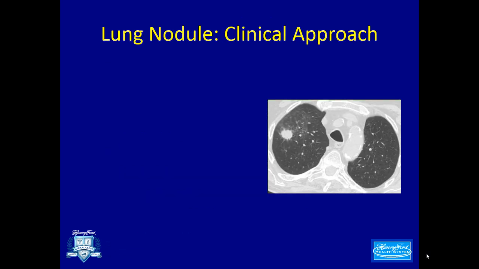I'm sure that all of us have encountered patients who come to our clinic, or even in the inpatient setting, with this type of CT scan. So what do we do with them? Obviously we diagnose the patient with a lung nodule or a lung mass, however you want to call it. How do these patients come to us?